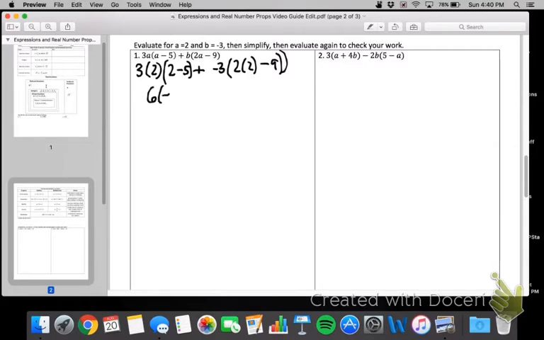This is going to be 6 times negative 3. And then this part will be 2 times 2 is 4. 4 minus 9 is negative 5. So that's going to be minus 3 times negative 5. And then this would come out to negative 18 plus 15, which is negative 3.